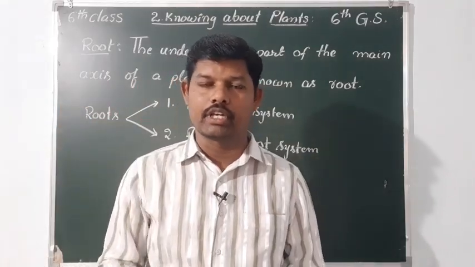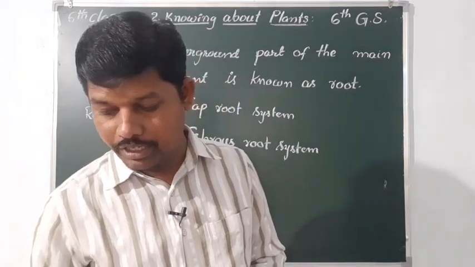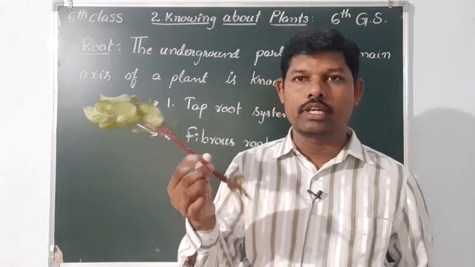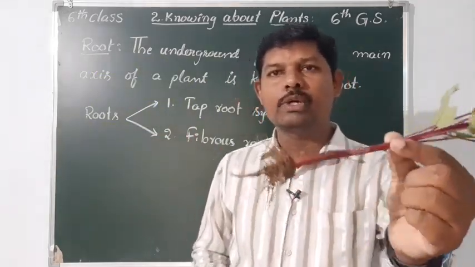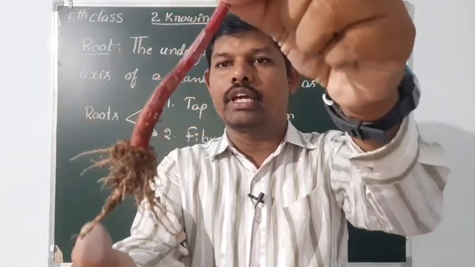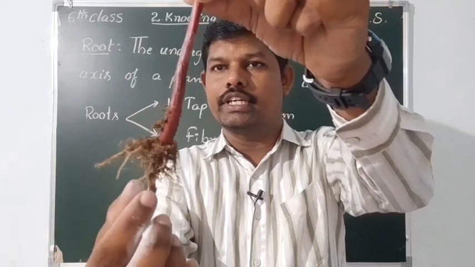Let us observe. Already you have collected some plants, and I have also collected some plants. I will show you. For example, observe this plant. If you closely observe this root system, here we have a big root in the middle.